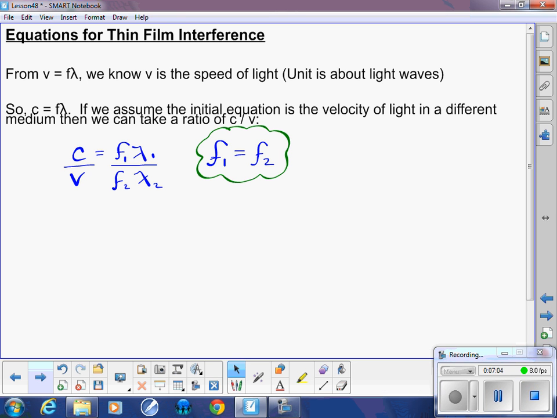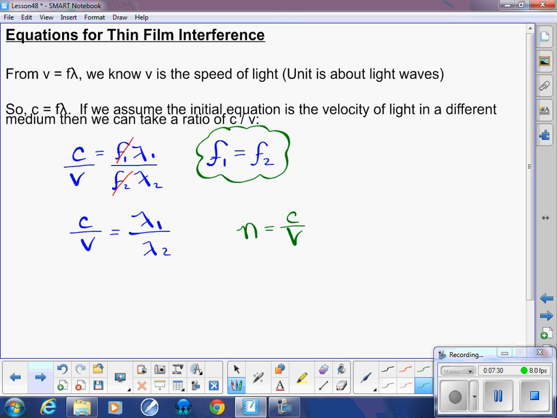So what that means for our relationship is that those frequencies actually drop out of the equation. You're left with the speed of light in air, the speed of light in a new medium, the wavelength in air, and the wavelength in the medium. Now recall, off to the side here, that n is equal to c divided by v.